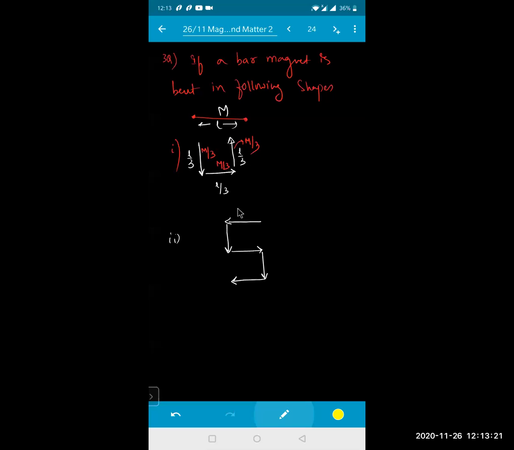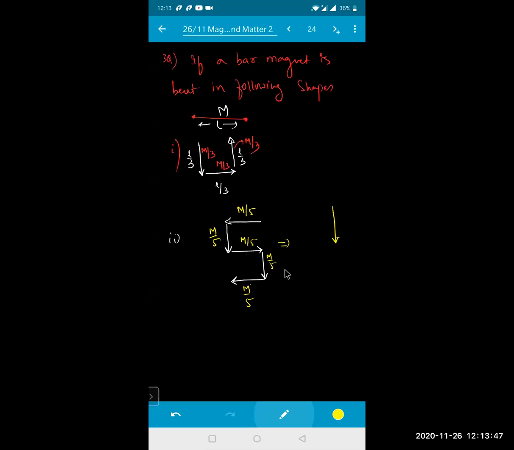Each part is M/5. Some of these are in the same direction and one is opposite. Let us see the resultant. What is the total in the downward direction?